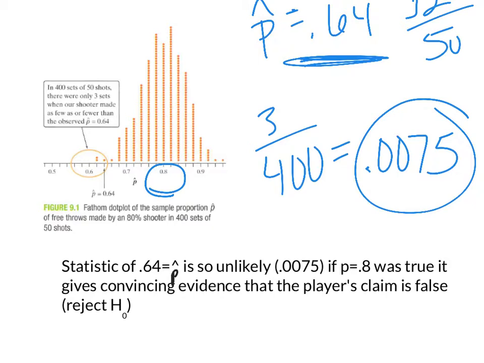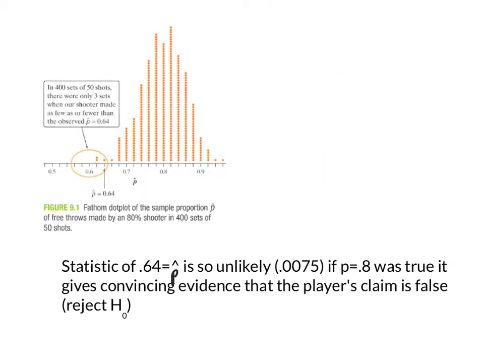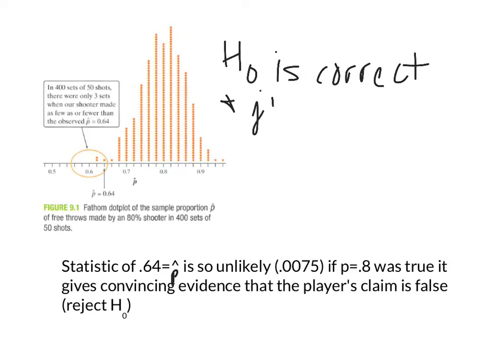Basically, what this means is that we've got 2 explanations for that kind of weirdo statistic. Our first explanation is that the null hypothesis is correct, so he's true in his claim that he makes 80% of his free throws, and it's just by chance that this unlikely event occurred.